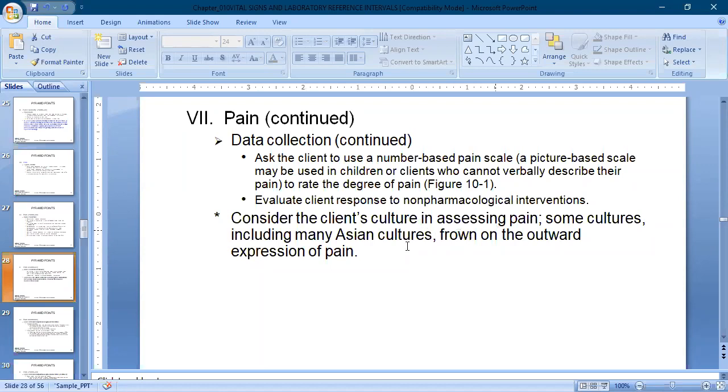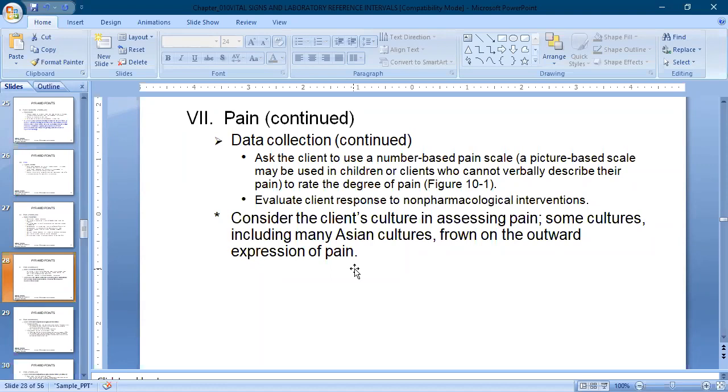Also consider the client's culture in assessing the pain. Some cultures, including many Asian cultures, do not outwardly express pain. Sometimes pain is relieved if you ask your patient to change posture.